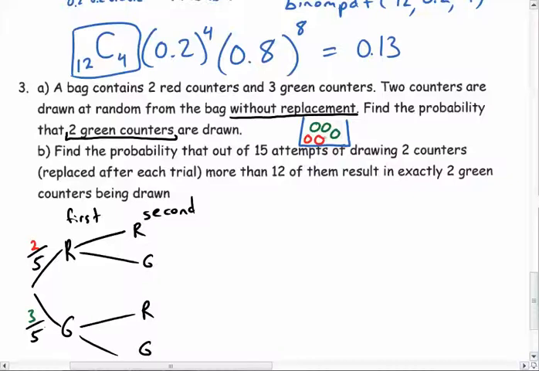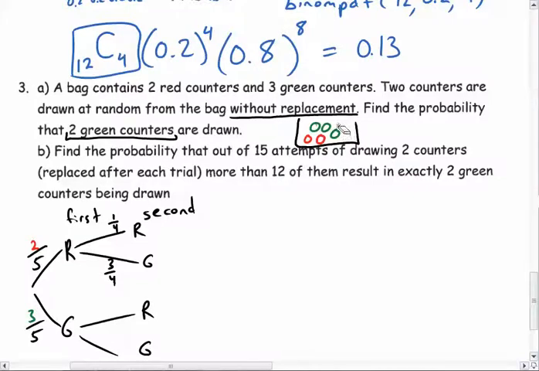Now if we take out a red one, because we're not replacing it, we'll only have 1 left. So the next probability is 1/4 for red and 3/4 for green. And those are conditional probabilities because they depend on what happens on the first trial.